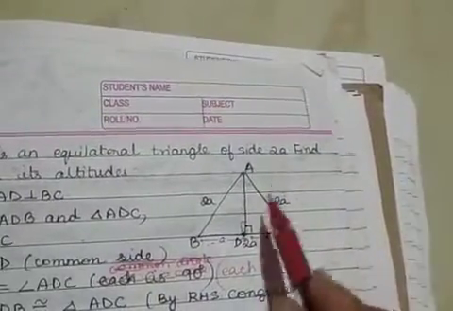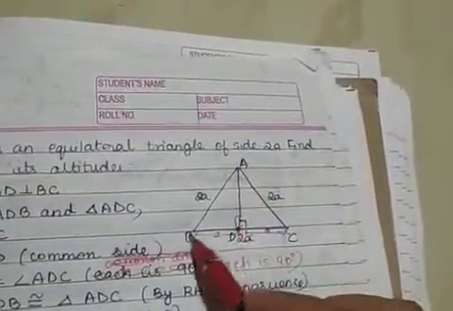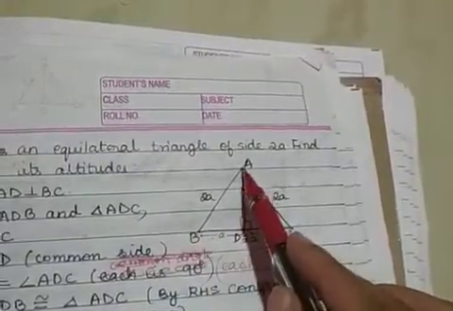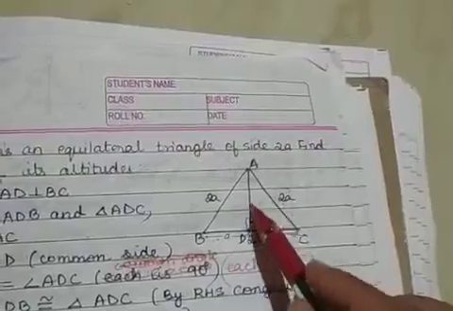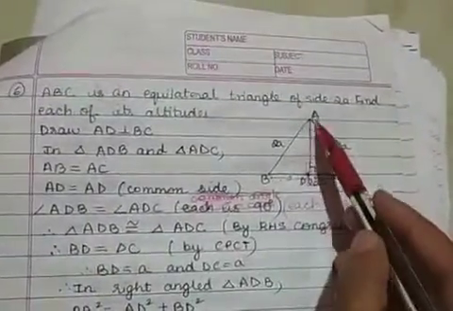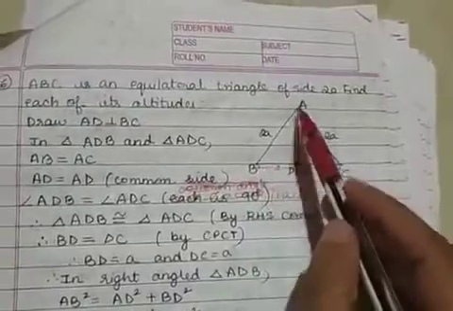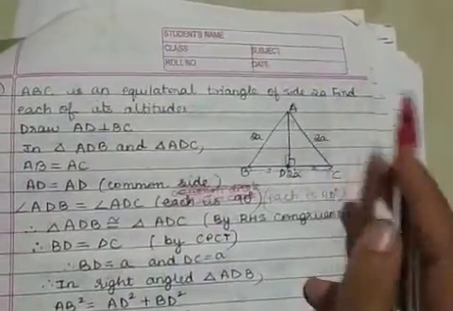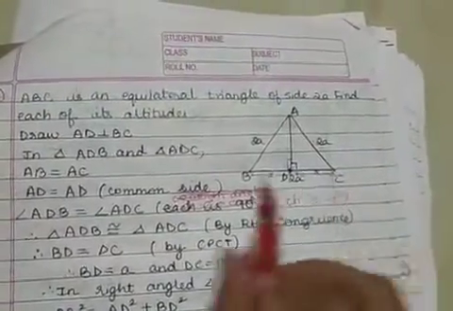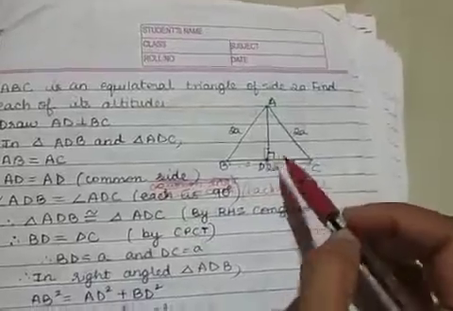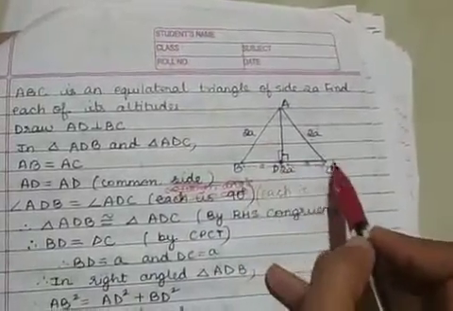Then we already know that since this is perpendicular to BC, angle ADB will be equal to angle ADC because each of them is 90 degrees. So from this we can say triangle ADB is congruent to triangle ADC by which test? By RHS test.